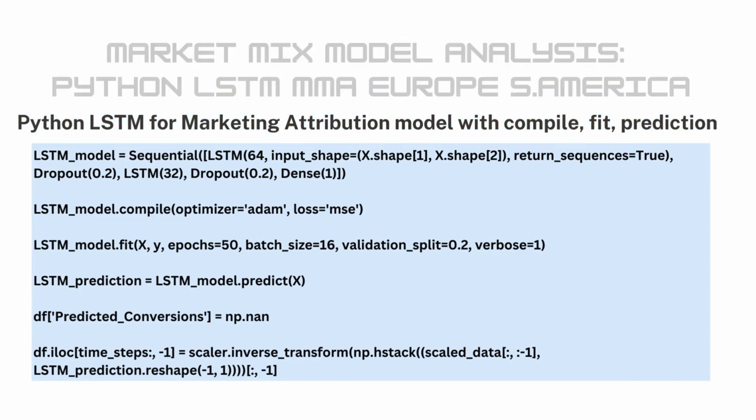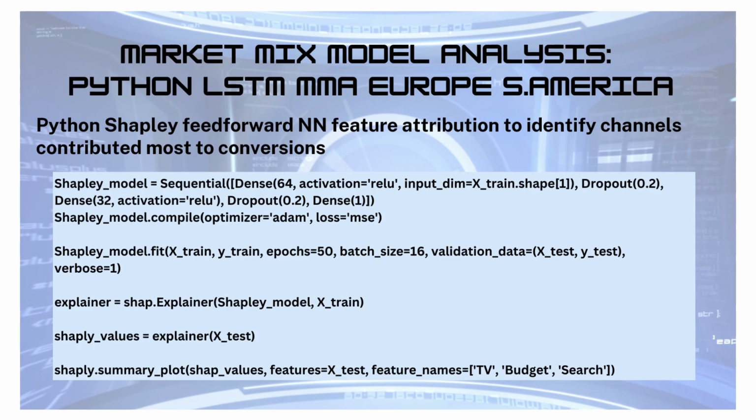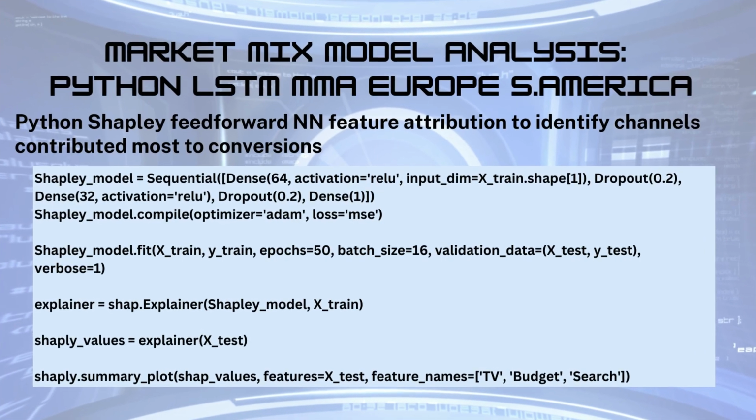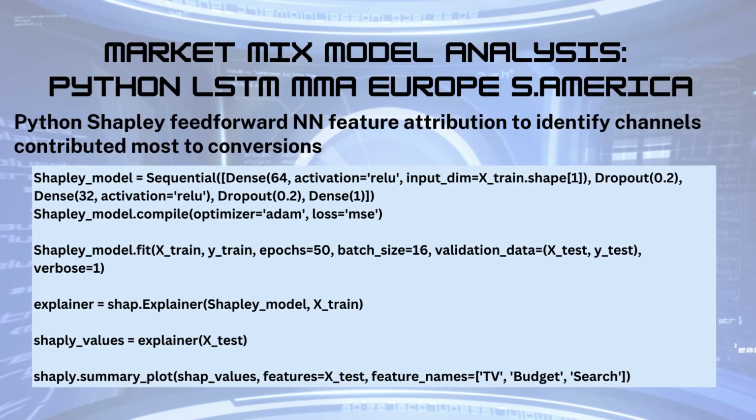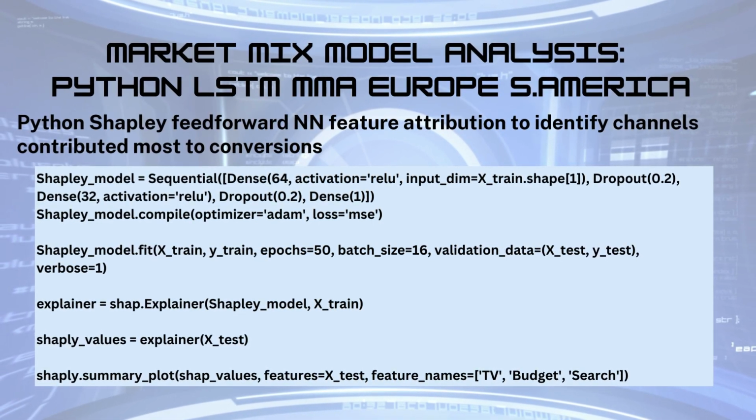We're good. Then we have our Shapley model, and it's a feed-forward neural network for feature attributions. This is going to identify the channels that have the most conversions. So we're going to set up our Shapley model with a ReLU activation, and then do our necessary components and parameters. Then we'll compile it with Adam and MSE, just like we did with the LSTM.